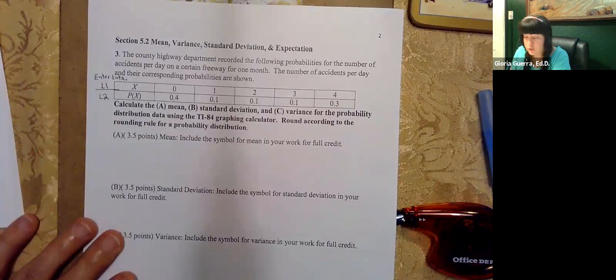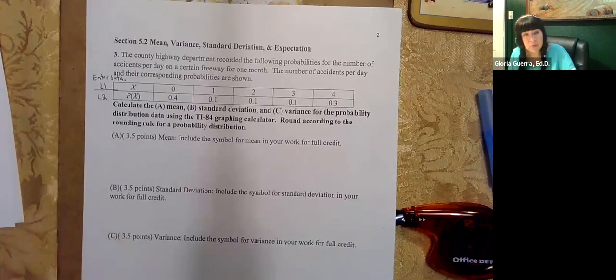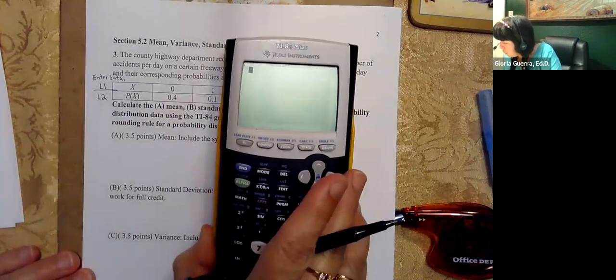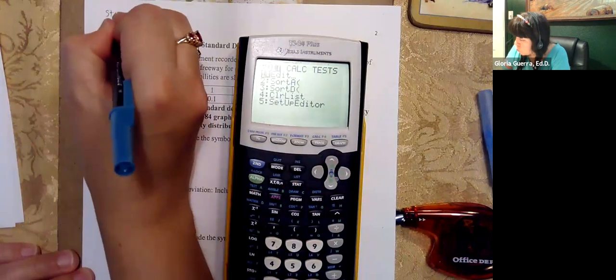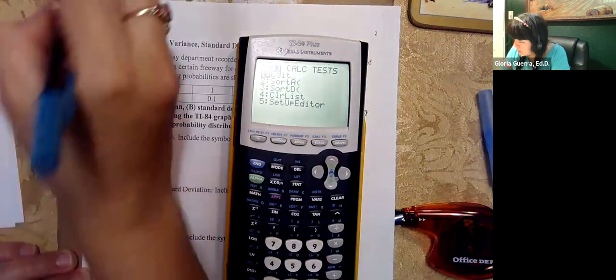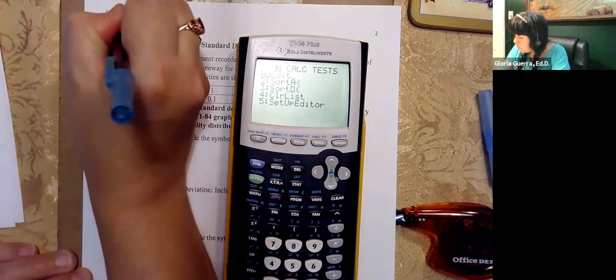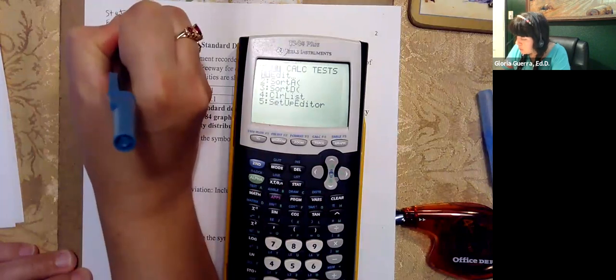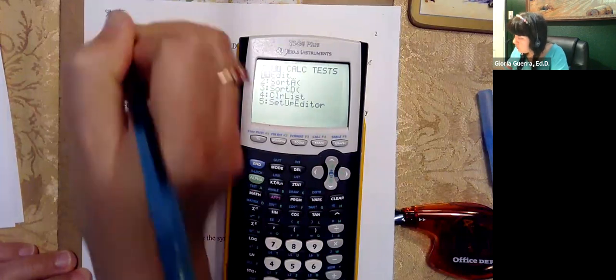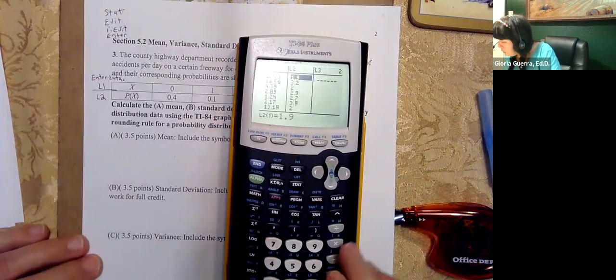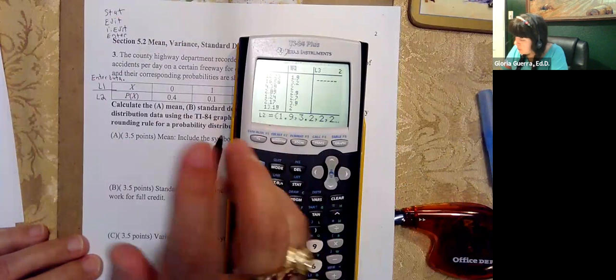So I would go ahead and do that on your calculator. So we can do that right now. You want to go to Stat, and then Edit, one Edit, and then Enter. And then just go up to the top and clear.